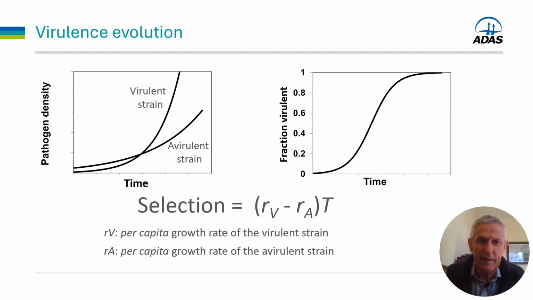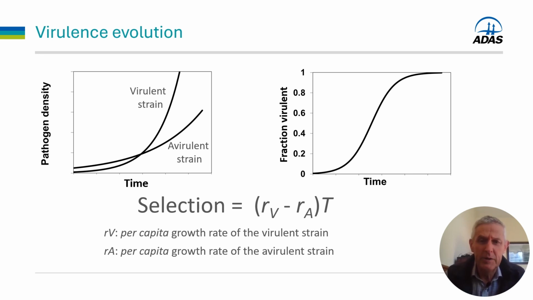Now, if we apply the same thinking to virulence, the same evolutionary process applies, but in this case we've got a set of avirulent strains to which the varieties are resistant, and then a newly emerged virulent strain that can overcome the host resistance gene and is therefore able to grow more rapidly on those varieties. As a result, the fraction of the pathogen population that is virulent increases through time, and at a certain point we lose control.